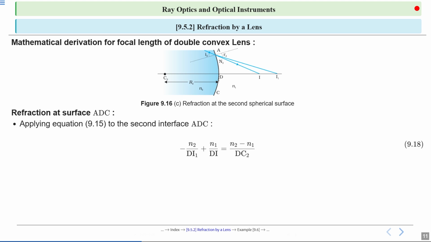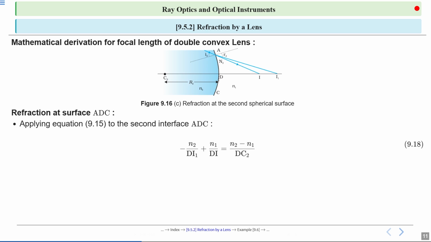But the rays are coming from the denser medium. The incident ray is coming from the denser medium. That's why the object is to be considered in the denser medium, that is in N2. So N2 upon the object distance. What is the object distance?